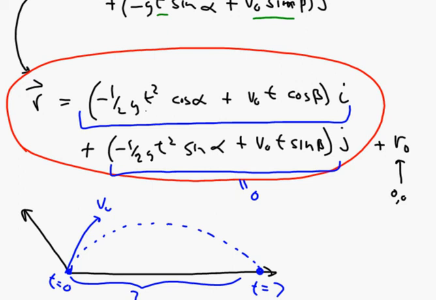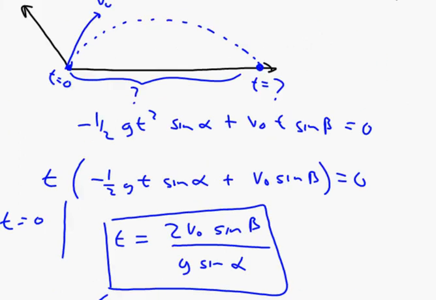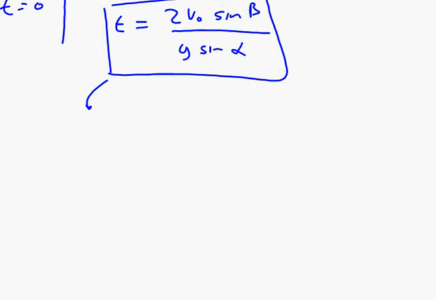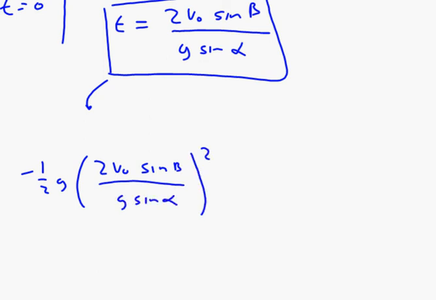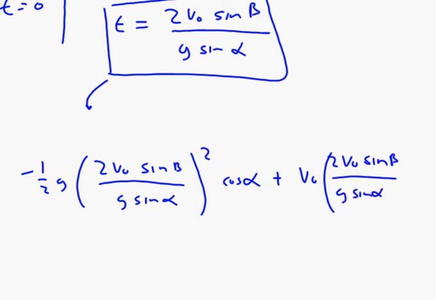So this t here and this t here are going to be replaced with this value of t that we have. So you would get negative a half g times 2v0 sine beta over g sine alpha, squared, times cosine alpha, plus v0 times 2v0 sine beta over g sine alpha times the cosine of beta.